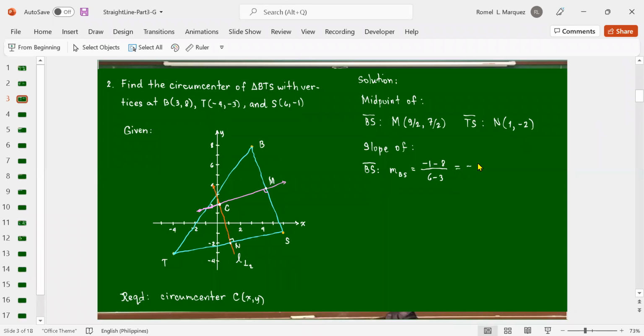So that is negative 9 over 3, getting negative 3. So therefore, what is the slope of this perpendicular bisector that contains the M? Guys, positive 1/3, because they are perpendicular. Their slopes are negative reciprocals of each other. Okay? What about the slope of TS?